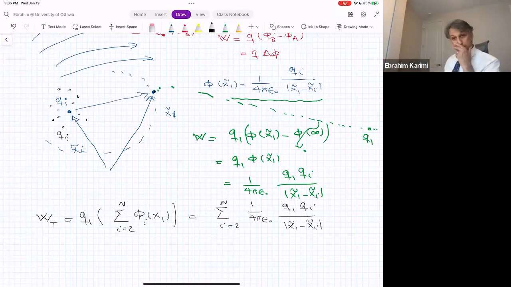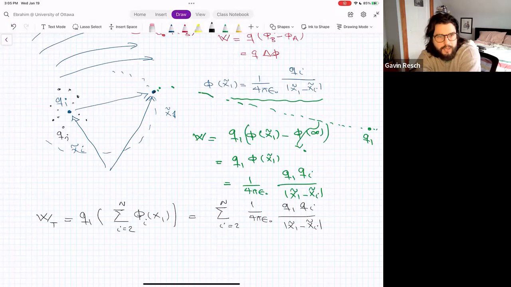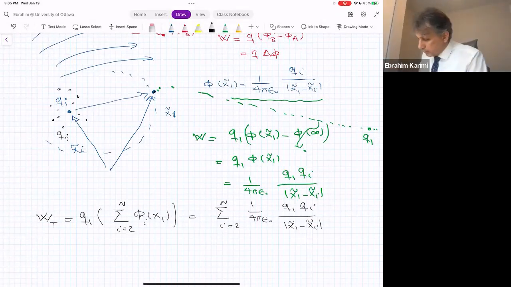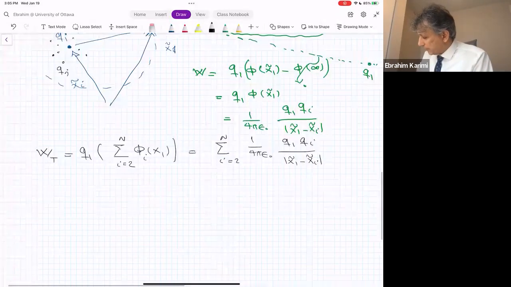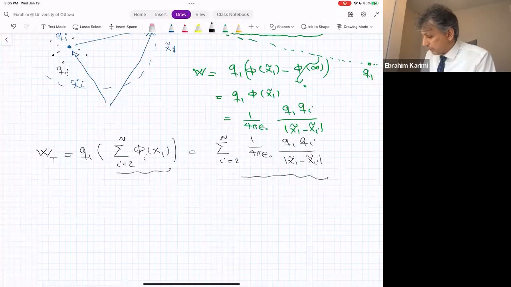Okay? Are we not taking into account that if there are other point charges there, that will affect the potential? Look, if you expand this, you will have the potential from charge 2, the potential from charge 3, up to the potential from charge n. So all potentials are considered there.